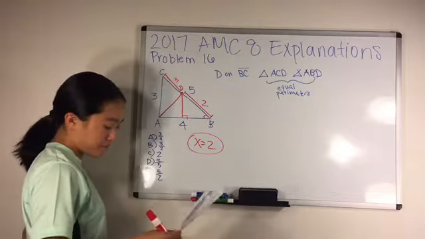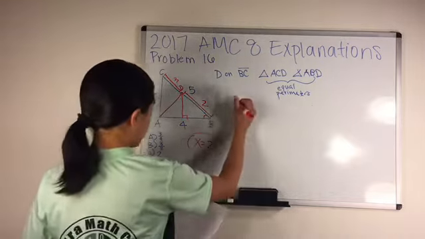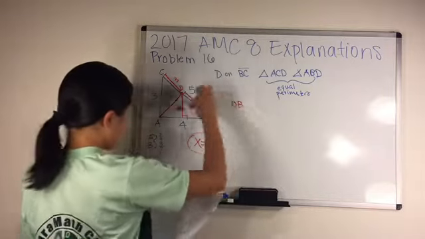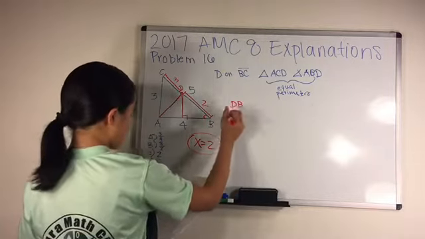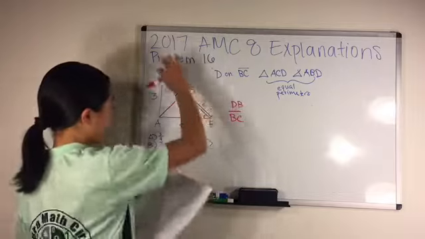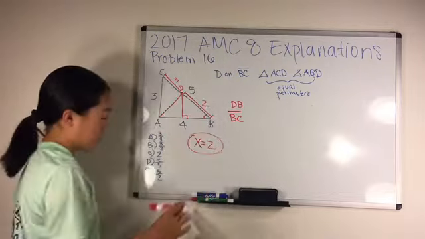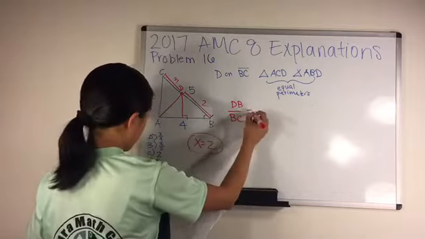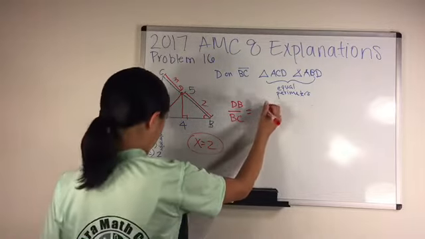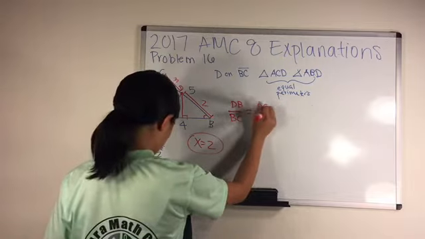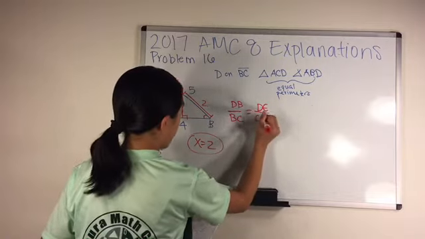line DB over BC, which is the total over here, since these two must be proportional and equal to one another, would equal line DE over line CA.